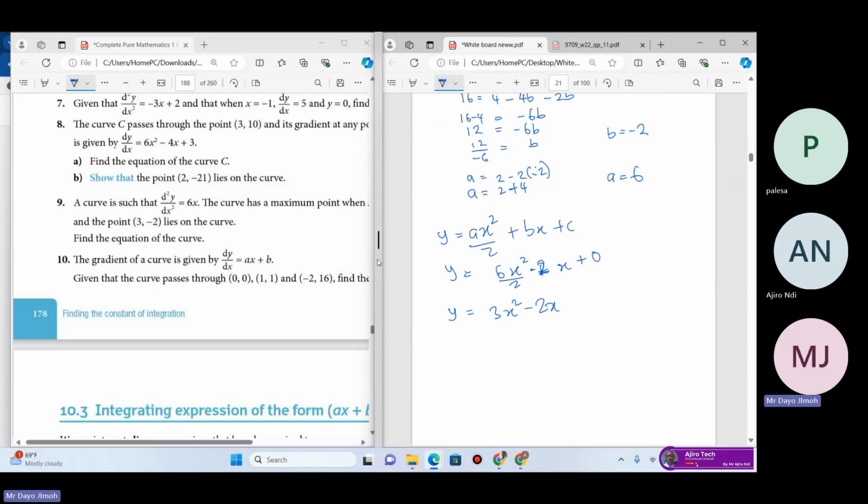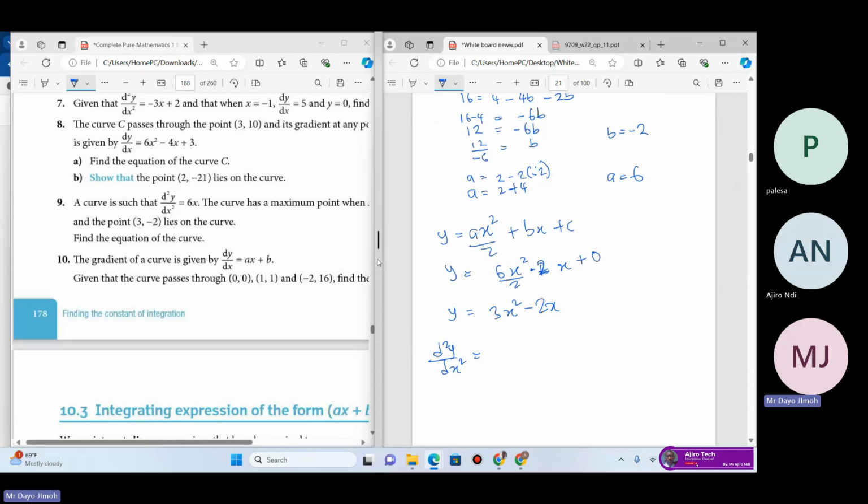Now, before we leave, if it's something like d square y over dx square, what does that mean? It means, what is it called? Second derivative.